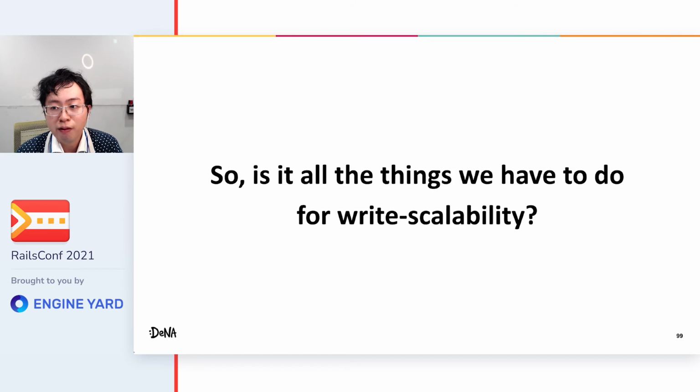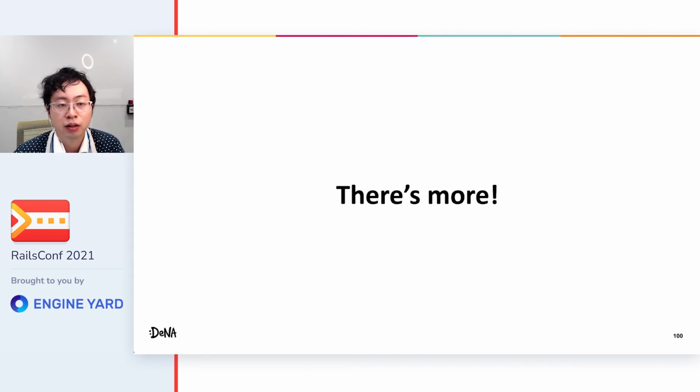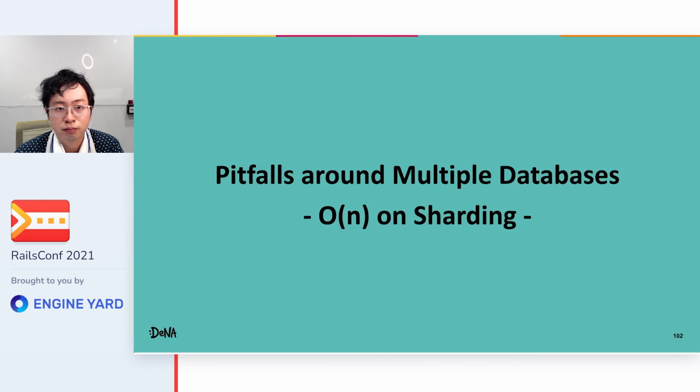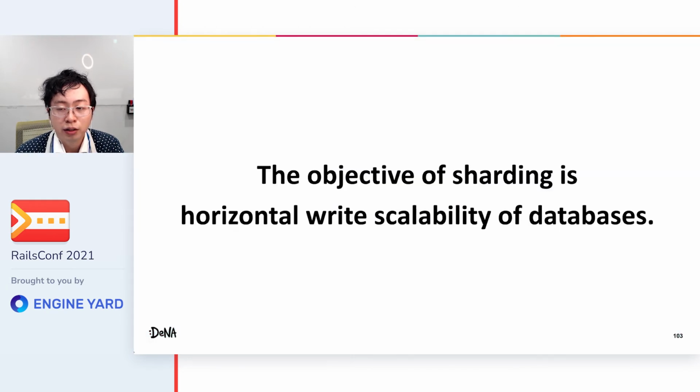So, is that all we have to do for write scalability? There's more. We are going to look at the pitfalls around multiple databases. The objective of sharding is horizontal write scalability of databases.